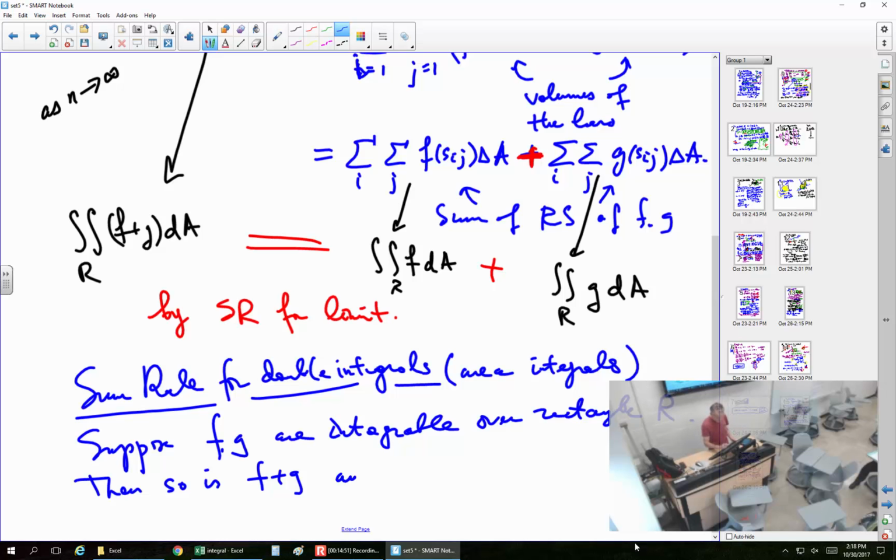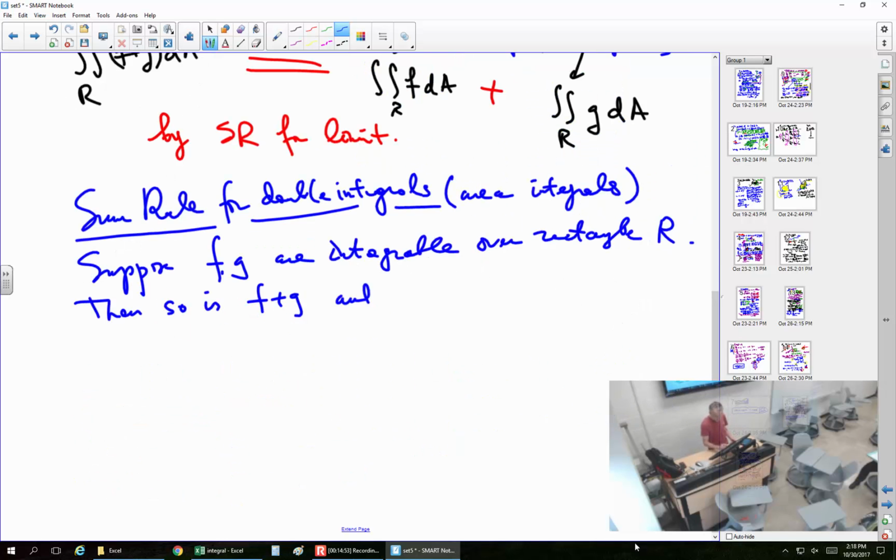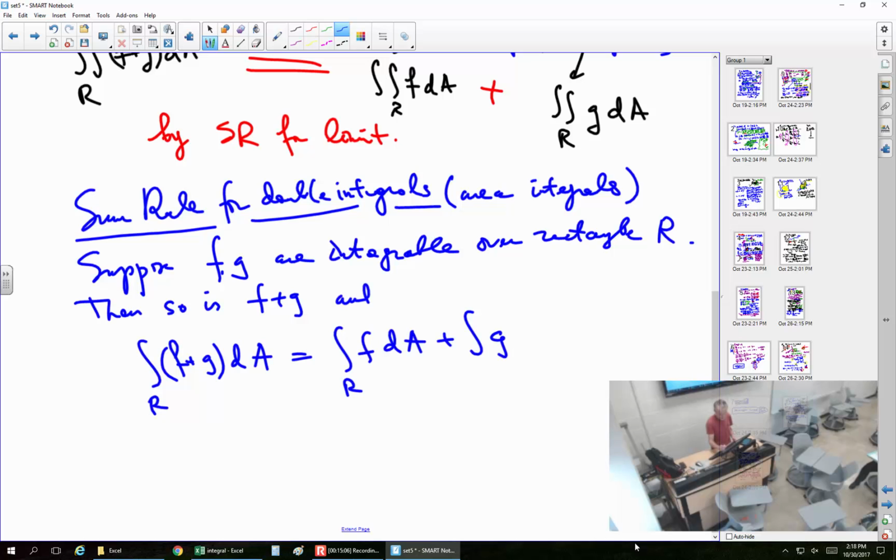Okay, and certainly there is a relation between the integrals, as we already know. So the integral over R of f plus g dA is equal to the integral over R of f dA plus the integral of g dA, or double. Okay, so that's the sum rule for double integrals.